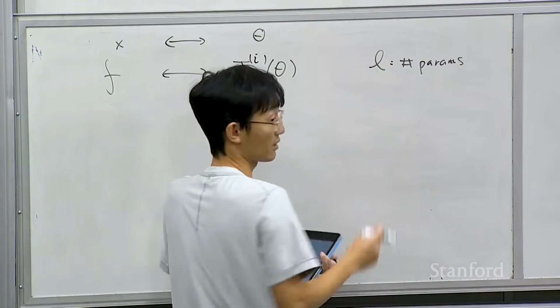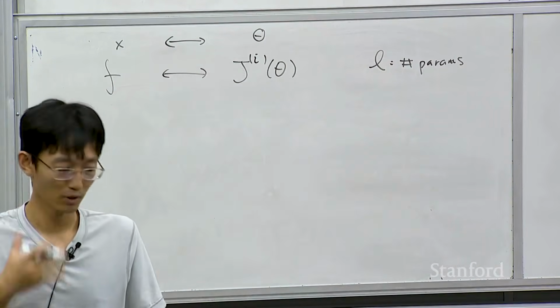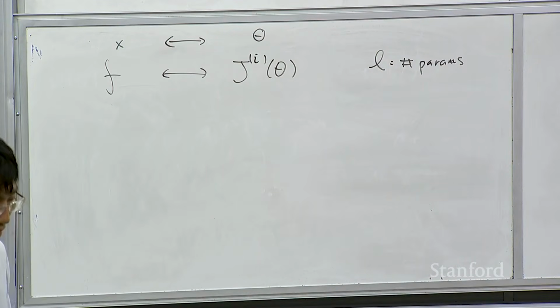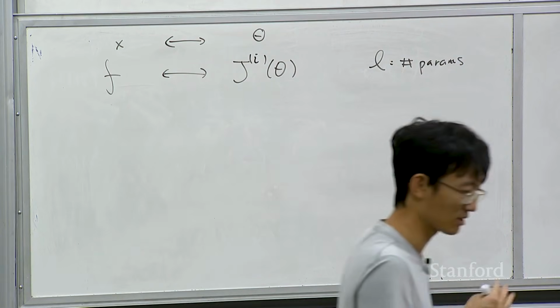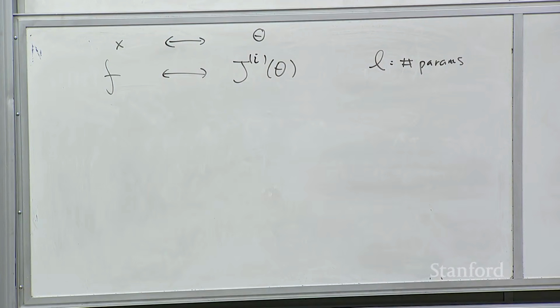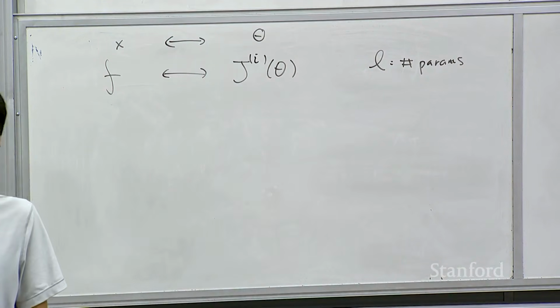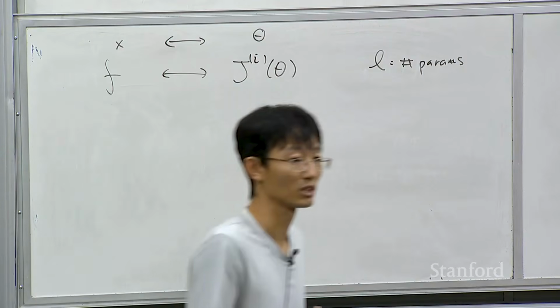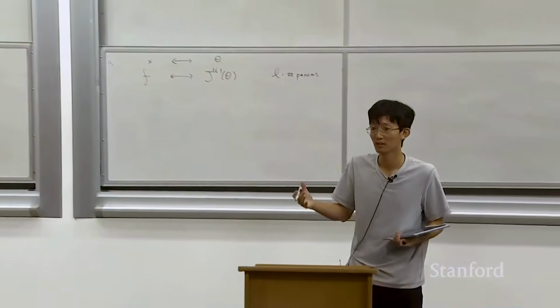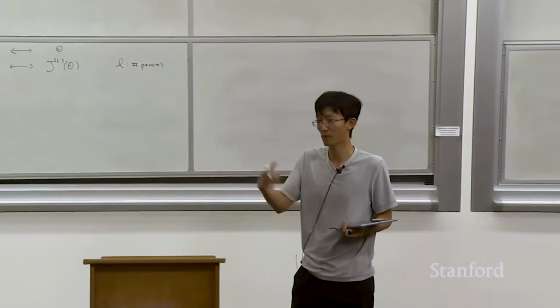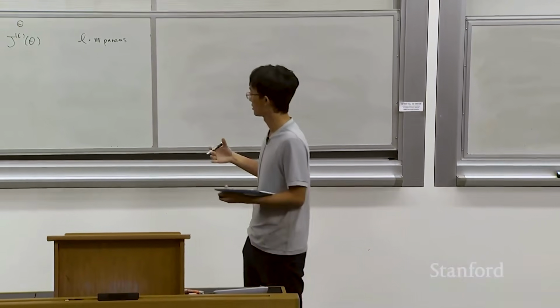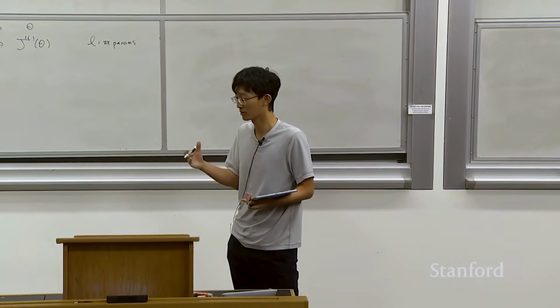And interestingly, for almost all neural networks people are defining these days, maybe with some small exceptions, the number of operations you need to evaluate a neural network is proportional to the number of parameters in your network. For example, say you have a matrix multiplication with dimension d by d.